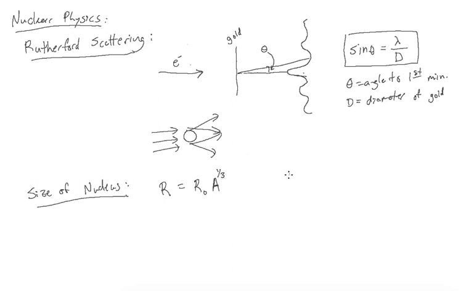So A is the number of nucleons, and R naught is the radius of a single nucleon. That's something on the order of 10 to the negative 15th meters.